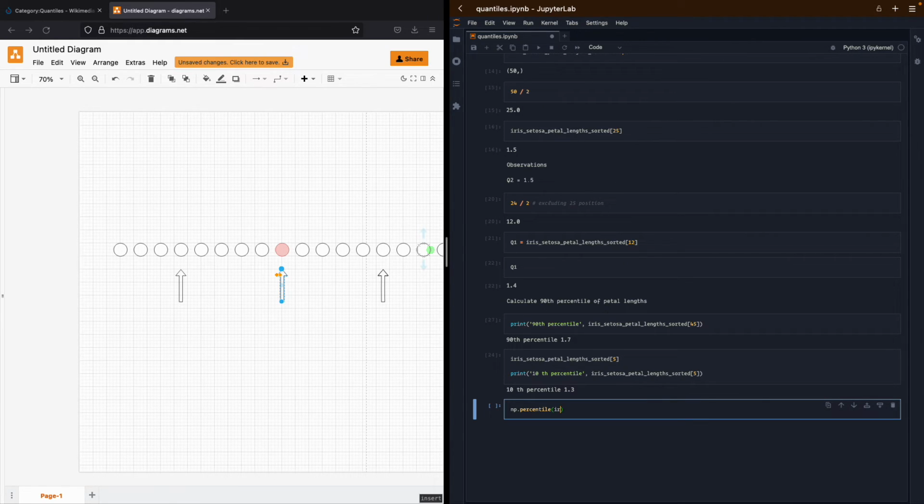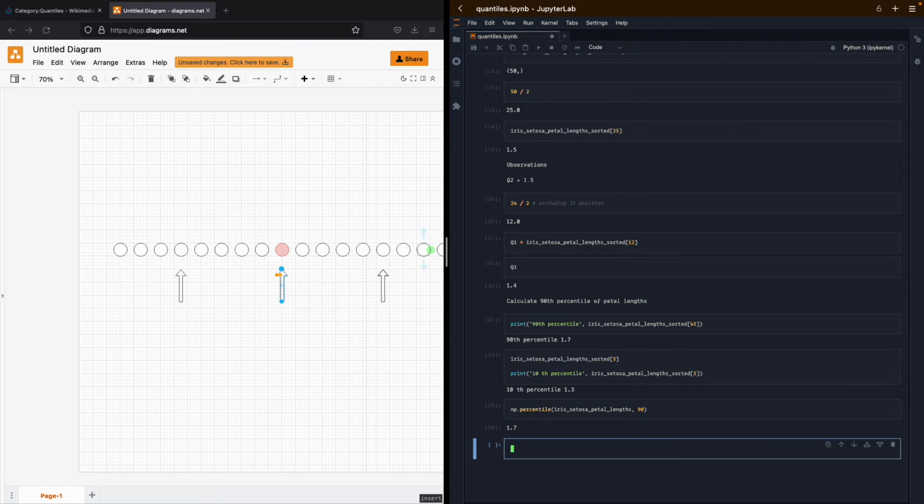We do not have to sort or anything like that; NumPy will handle all of it. So I am going to give it the iris setosa petal length only, and let's check our 90th percentile. It is 1.7. That is correct.